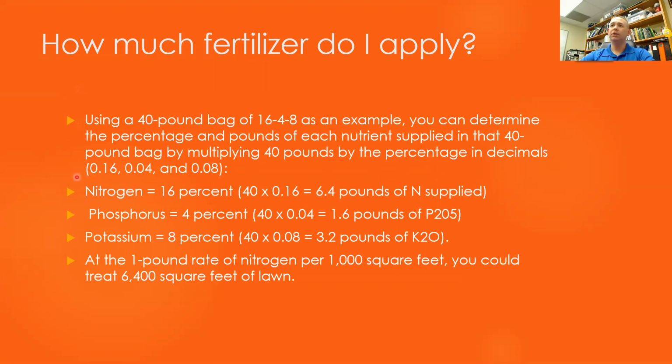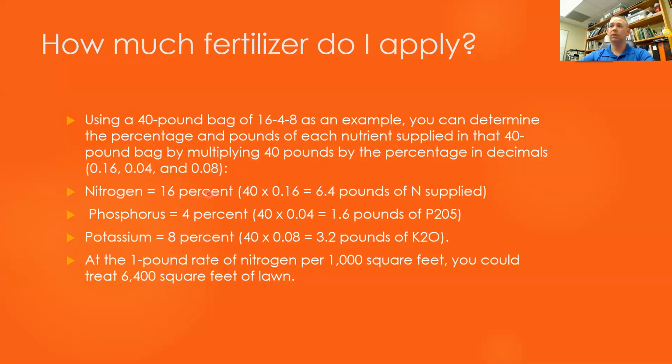So just a reiteration, this kind of spells it out for you here. 40-pound bag of 16-4-8. Again, we said those are percentages. So it's 0.16, 0.04, and 0.08.